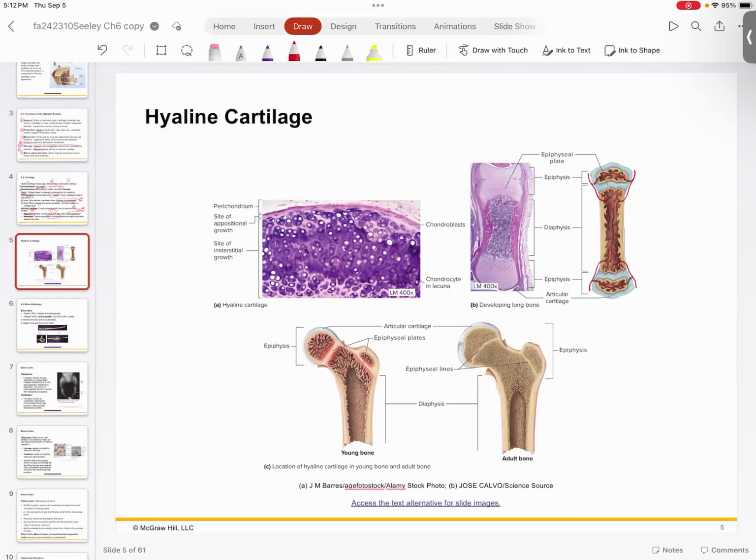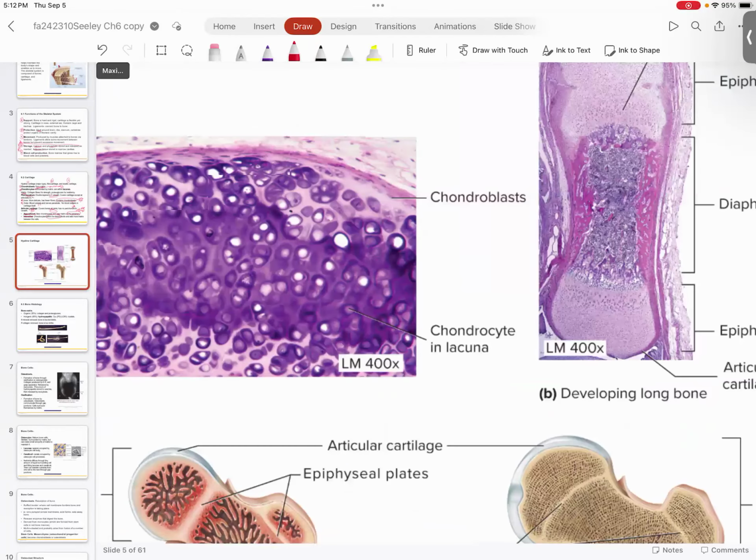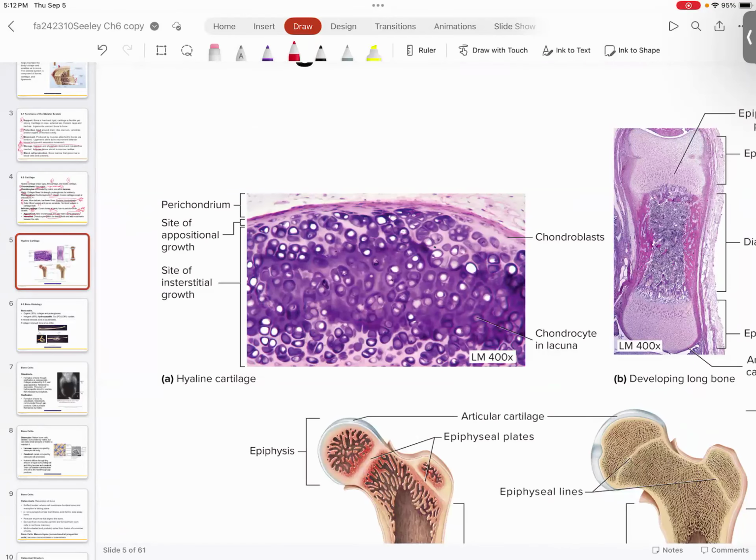So here's an example of our hyaline cartilage. You can see the chondroblasts that are basically on the inside of the perichondrium. So the perichondrium is this portion, this outer portion right here. The cellular layer is this little layer, and then the connective tissue layer is the outer layer. Now, appositional growth is happening where these chondroblasts are laying down new matrix.